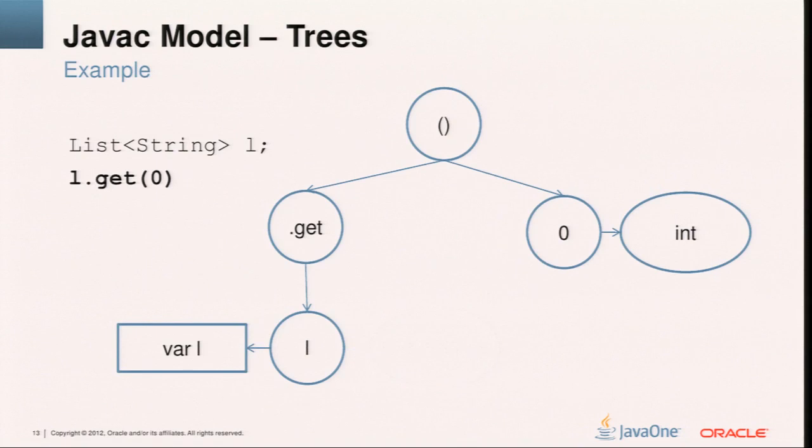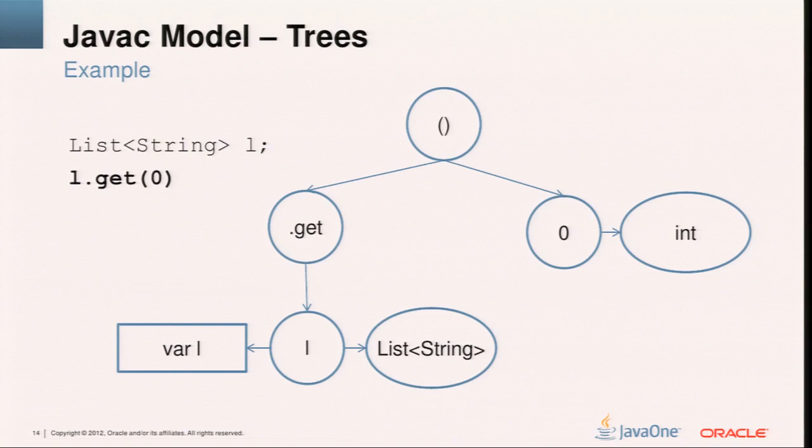And then it goes this way down and looks at this l identifier and tries to look up in the current scope what's the meaning of l, and it finds out that the meaning of l is this variable l. Then it asks, what is the type of this variable?